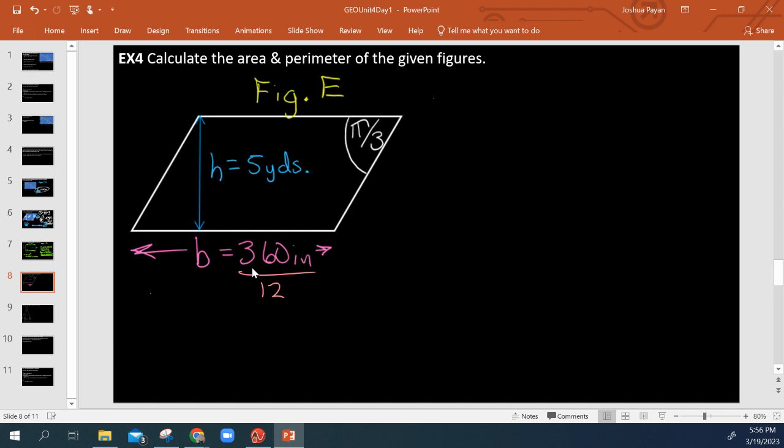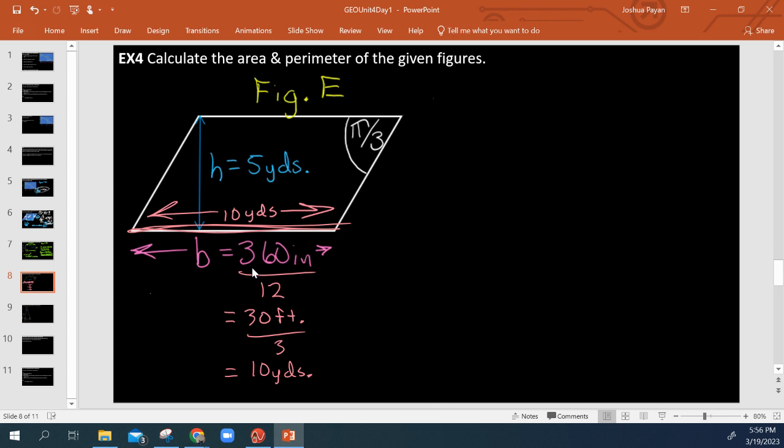Okay, so 360 divided by 12 is simply 30. Okay, and then we're going to divide that by 3 to get yards. So we know now from here to here is 10 yards.